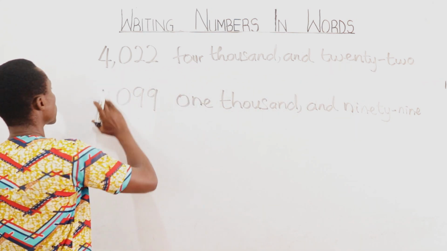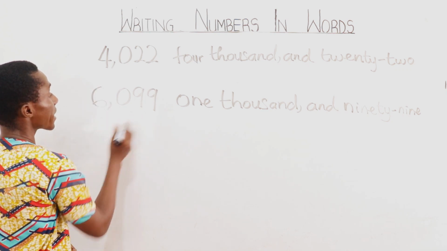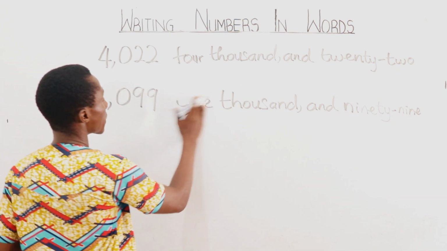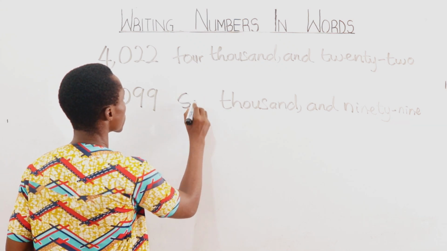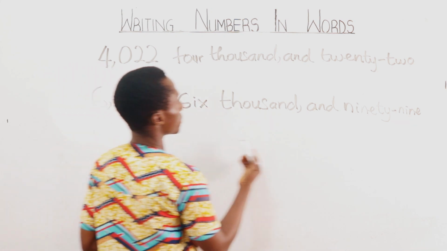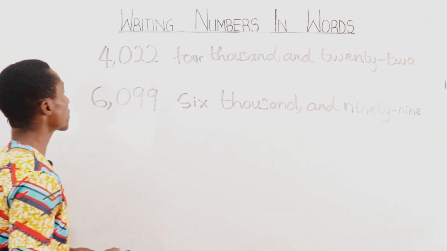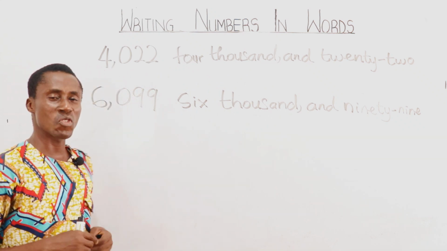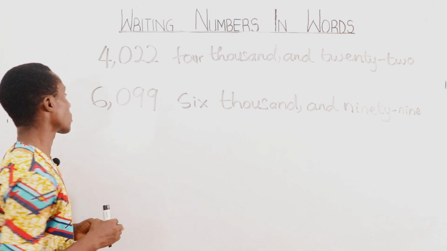If this was 6,099, then here will be 6,000 and 99. Okay?